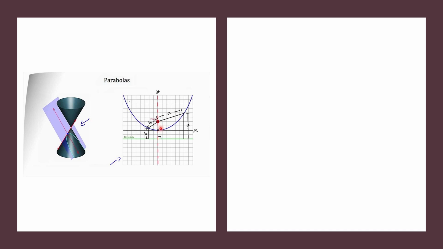And this fixed point is called the focus, and the fixed line is called the directrix. So the distance from the vertex to the directrix, as well as from the vertex to the focus, are equal.